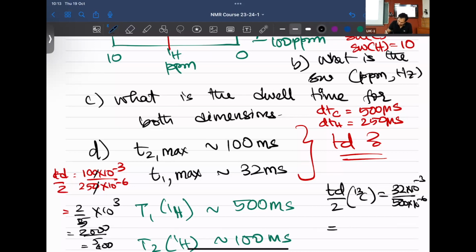Maybe you're right. I just want to make sure. 32 times 1000 divided by 500, 64 points. See, 32 milliseconds, 500 microseconds. 10 power minus 3, 10 power minus 6 gets cancelled and you get a 10 power 3 in the numerator. 1000 by 500 is 2, so 2 times 32 is 64.